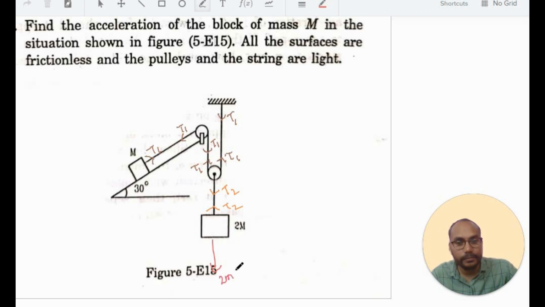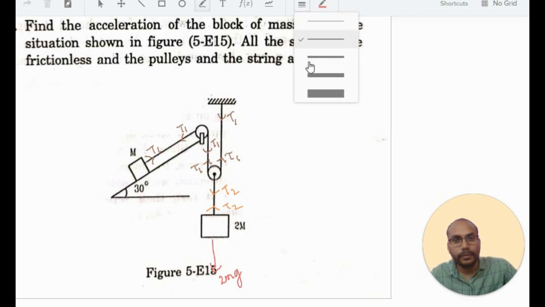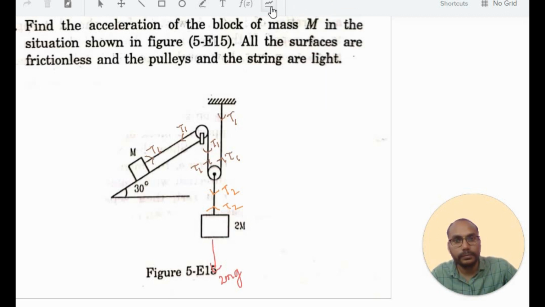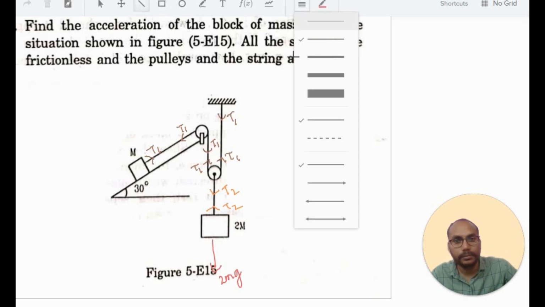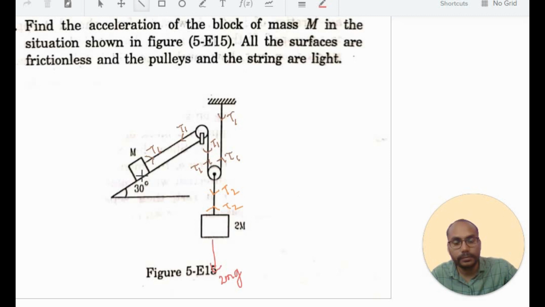Again, the gravitational force acting on the mass m will be mg. The gravitational force is always acting in the downward direction, and I am showing the gravitational force and its direction.